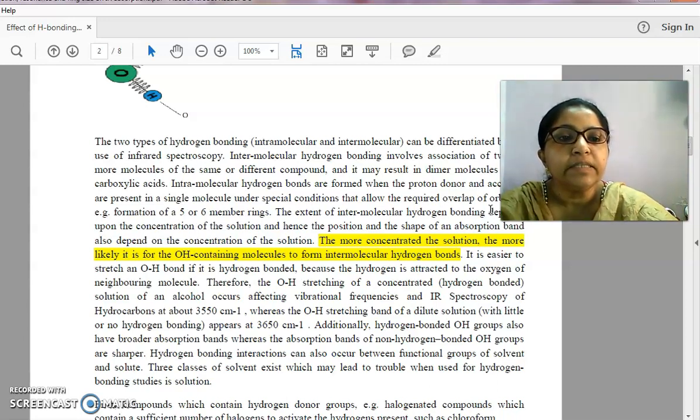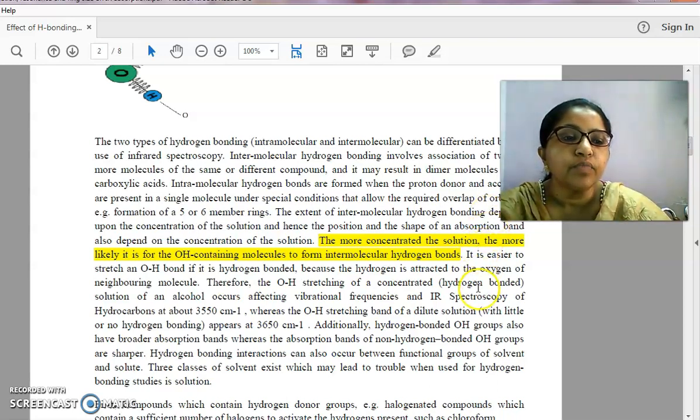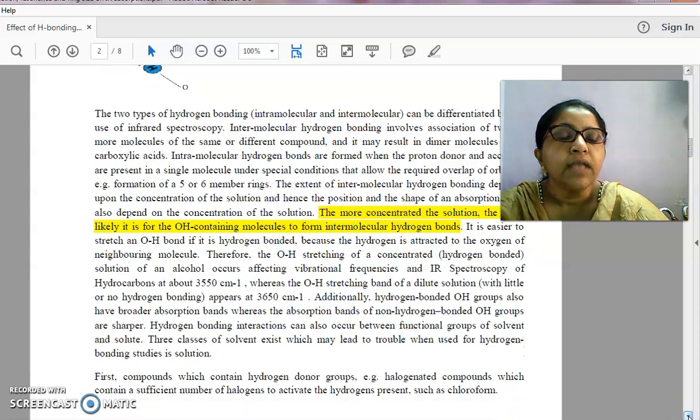So it depends on the concentration. If the concentration is higher, meaning more molecules have been dissolved in a certain amount of solvent, the hydrogen bonding is more, and the shift towards lower frequency will be more.